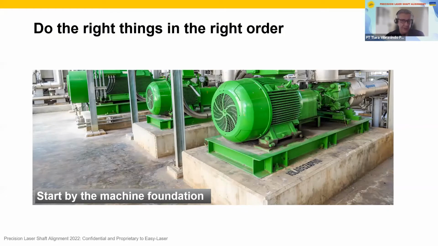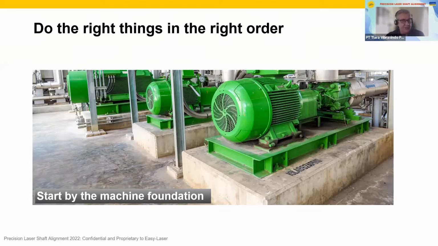Therefore, special attention must be paid to the foundation. It must be flat, coplanar, and leveled. If we skip the order of the installation procedures, we will not be able to complete further steps later to achieve reliable operation of our rotating equipment.